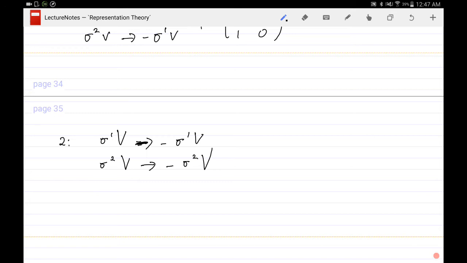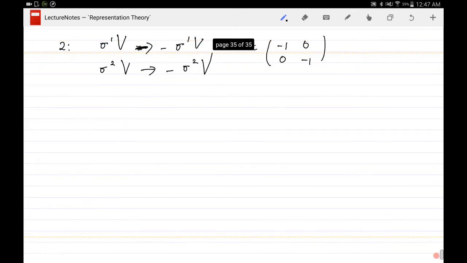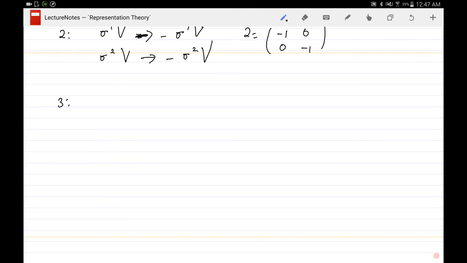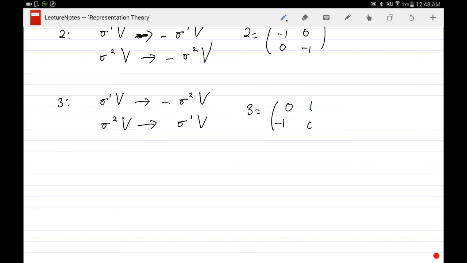And so we have that 2 is equal to minus 1, 0, minus 1. And then 3 took the sigma 1 coset to minus sigma 2 coset, and it took sigma 2 V to sigma 1 V, and so 3 is equal to 0, 1, minus 1, 0.